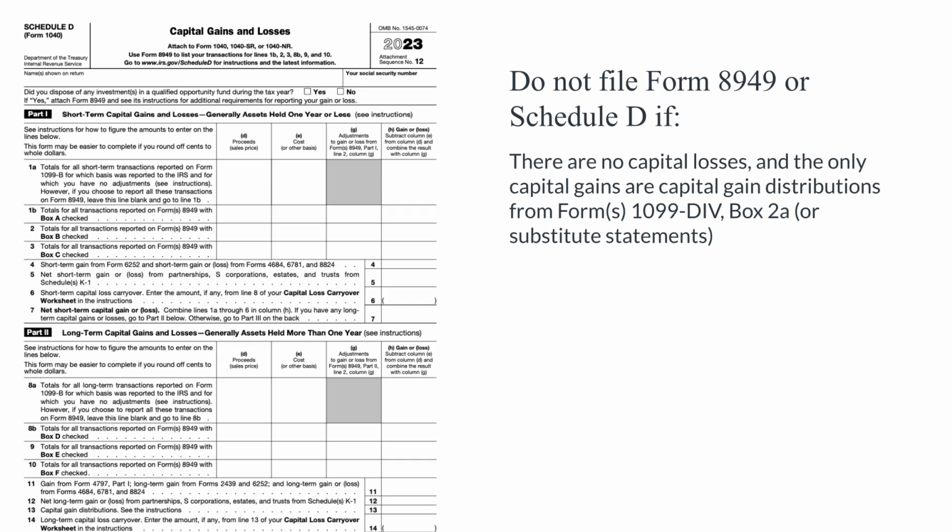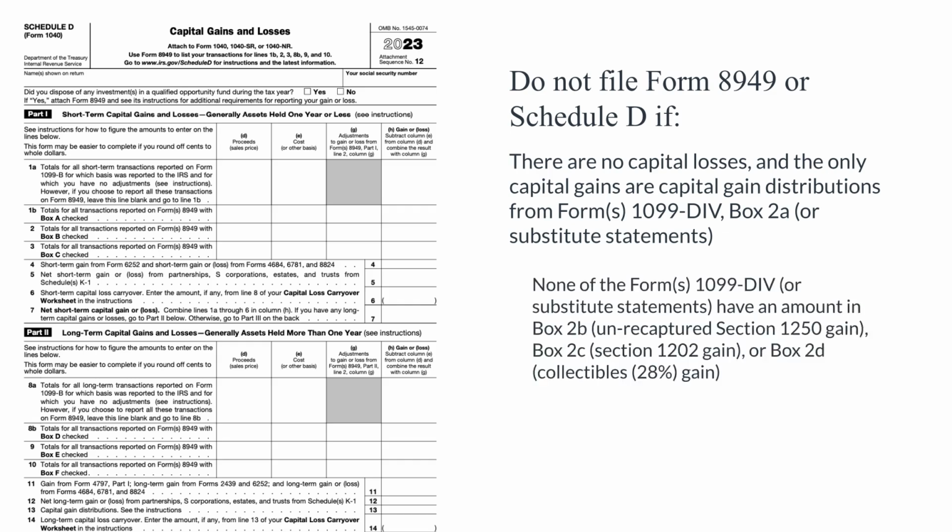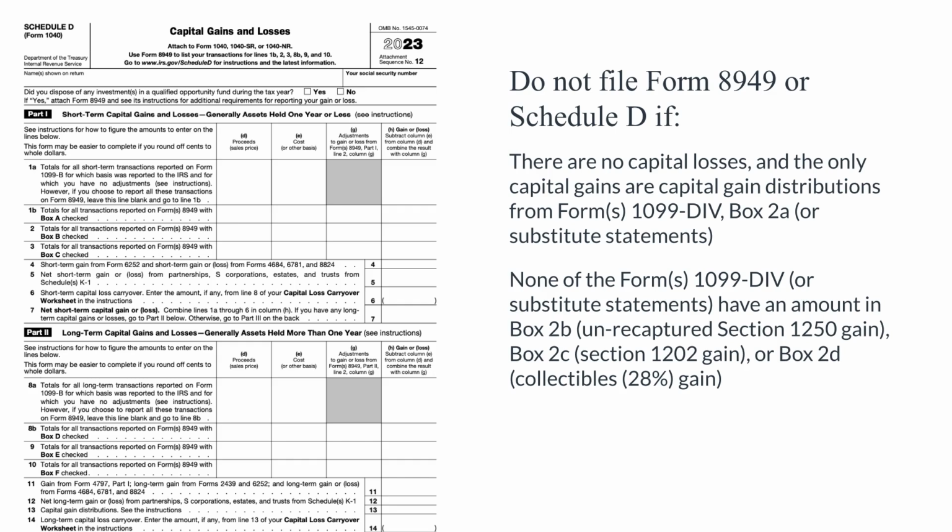There are no capital losses, and the only capital gains are capital gain distributions from Form 1099 DIV Box 2A, or none of the Form 1099 DIV have an amount in Box 2B, Box 2C, or Box 2D.